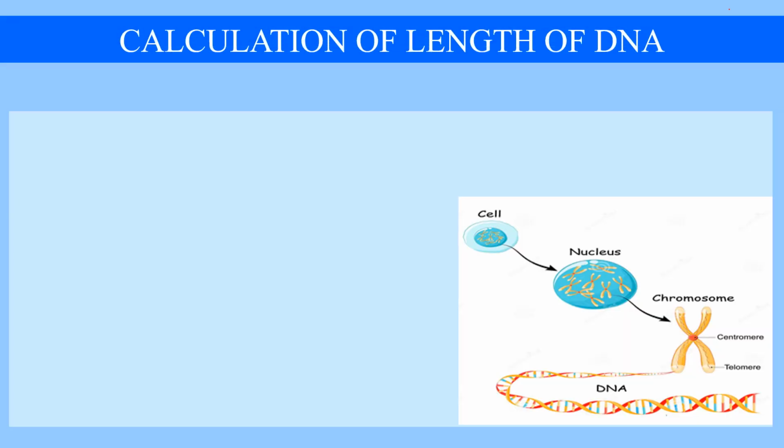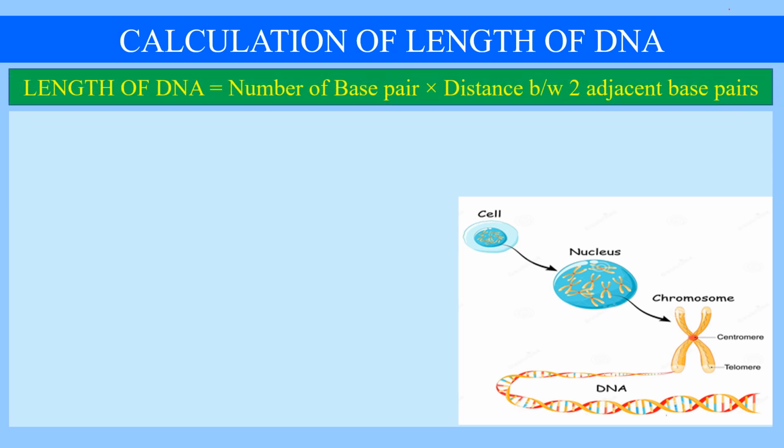Calculation of length of DNA. As you already know, the length of DNA is measured in terms of the number of nucleotides. But if you want to calculate the length of DNA in meters, what do you have to do? Length of DNA equals the number of base pairs multiplied by the distance between two adjacent base pairs.